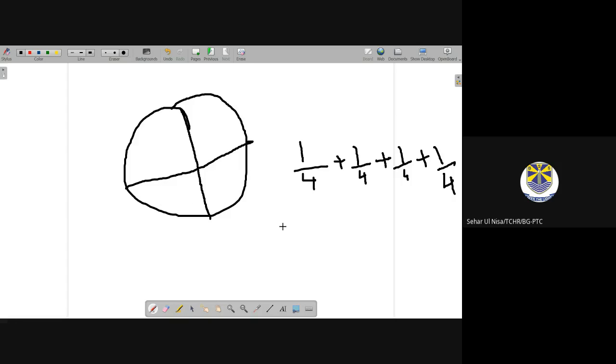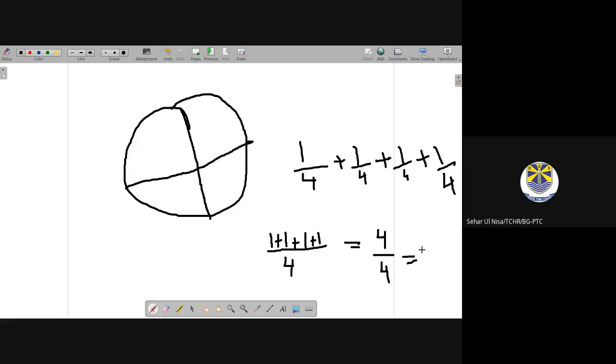So you will see when we add them, because these are like fractions, 4 will come one time, and when we write 1 plus 1 plus 1 plus 1, when we add them all, it will give you 4 by 4. So when they return their pieces and put the pieces back into the plate, there will be 4 by 4.